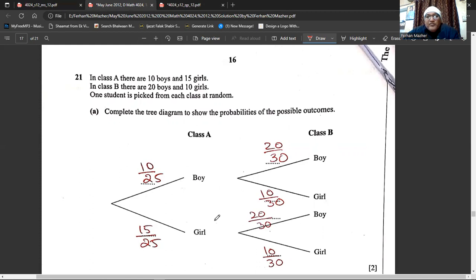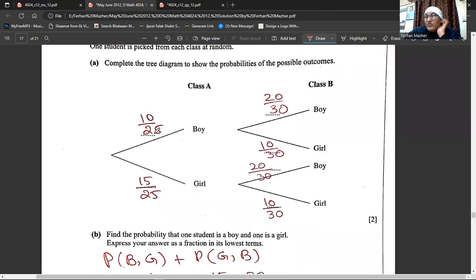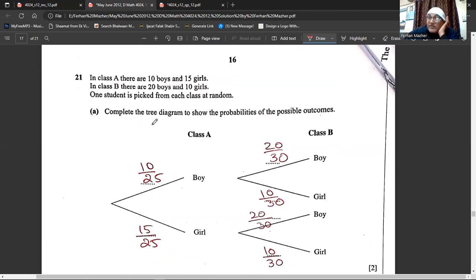So this experiment does have no effect on this choice, it is independent of this choice. So the class B, getting a boy will be 20 by 30, getting a girl will be 10 by 30. This choice is independent of this choice. So they're same. Okay, so this is what you will do. Very simple, I think, straightforward question.